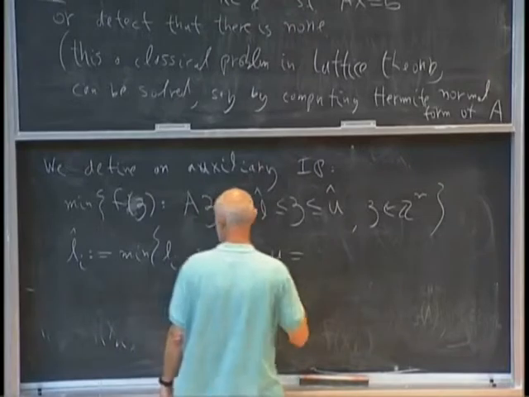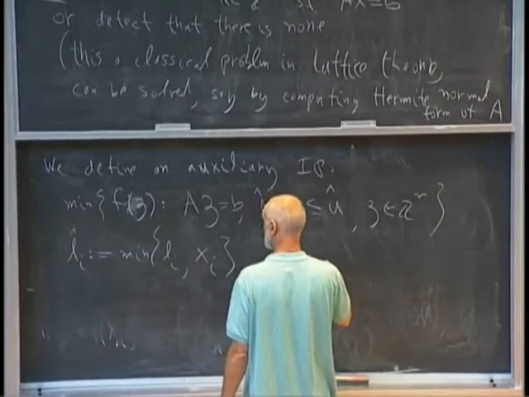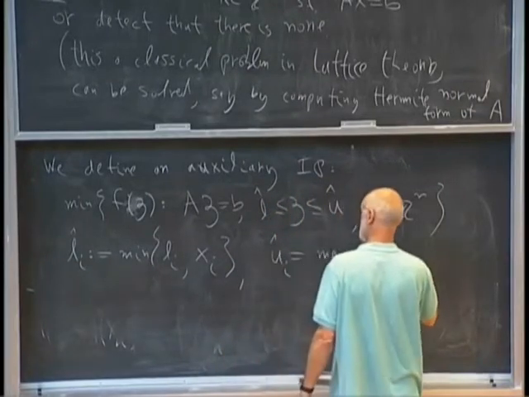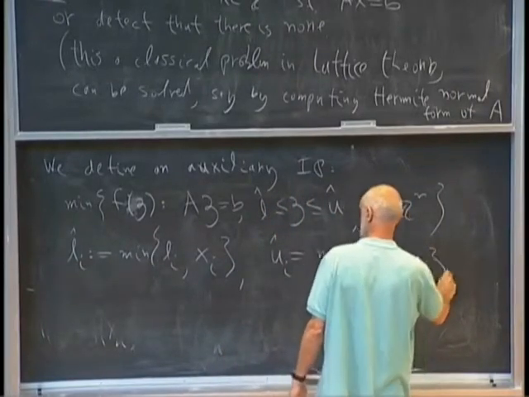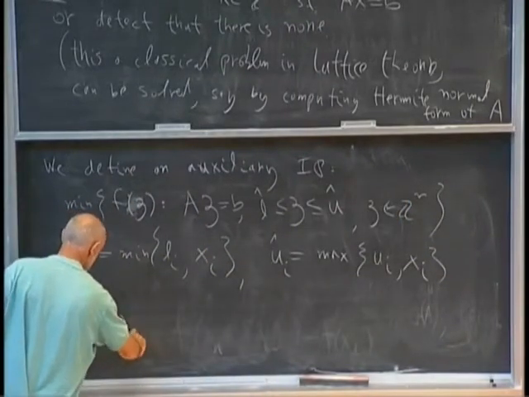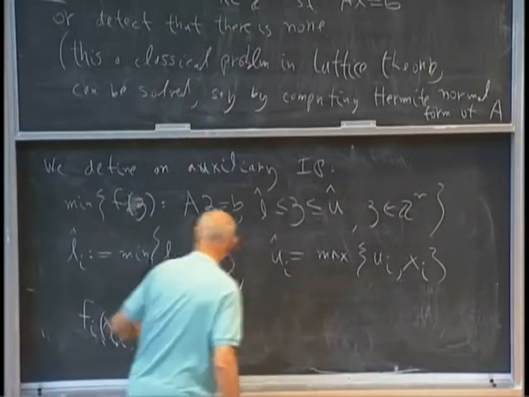So let me just give the definition and explain the idea here. The function f_i of x_i is going to be, let me just make a picture.